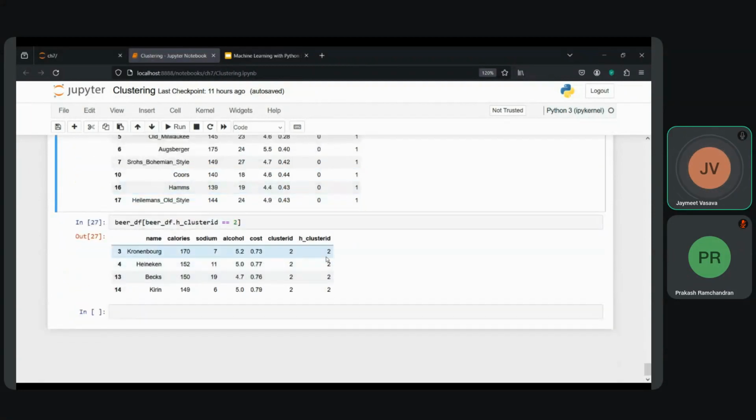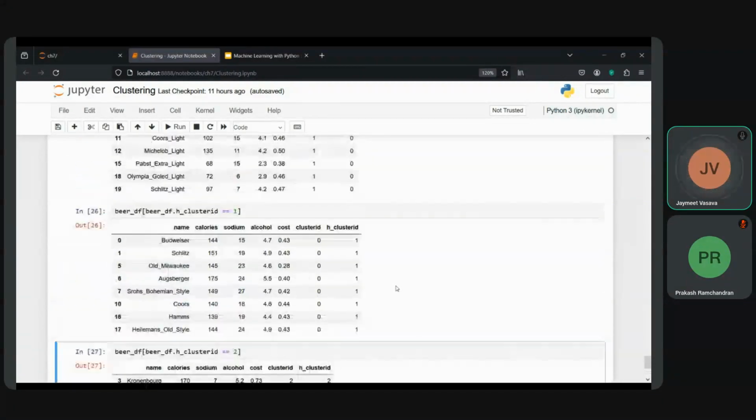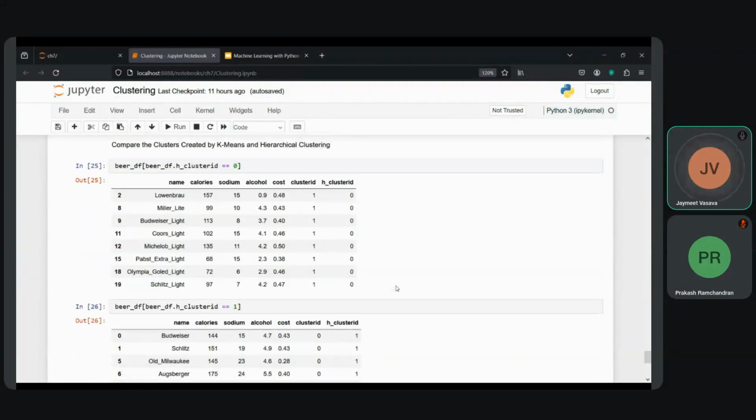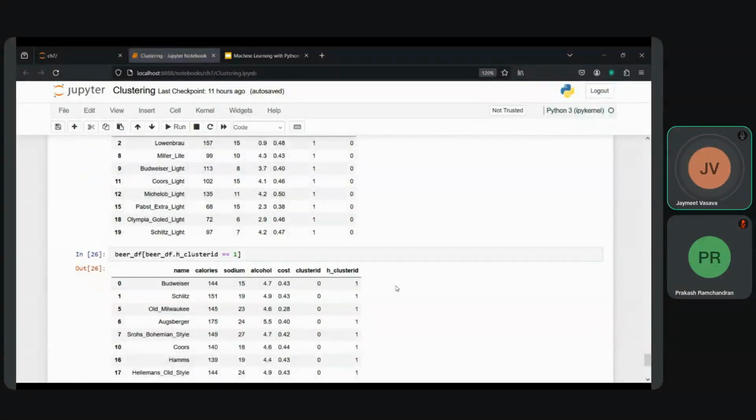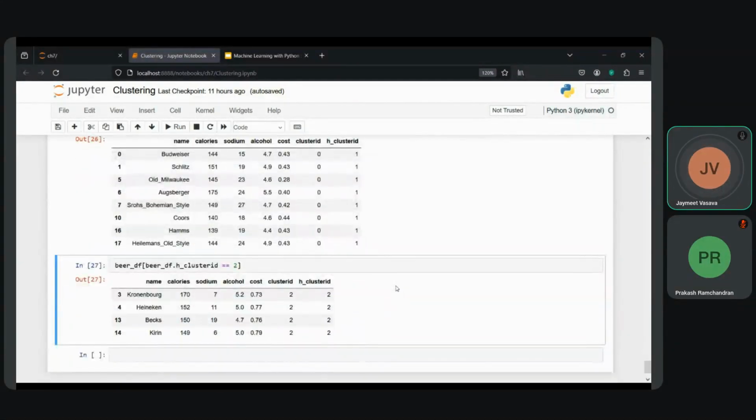And for hierarchical cluster ID 2, the corresponding cluster ID is also 2. Most of the observations, or all the observations, are the same. So hierarchical clustering is also dividing the clusters based on the same logic as the cluster IDs we have used.